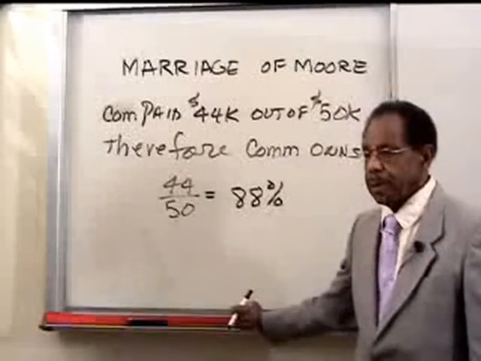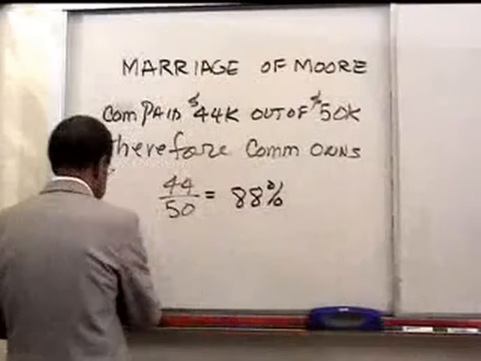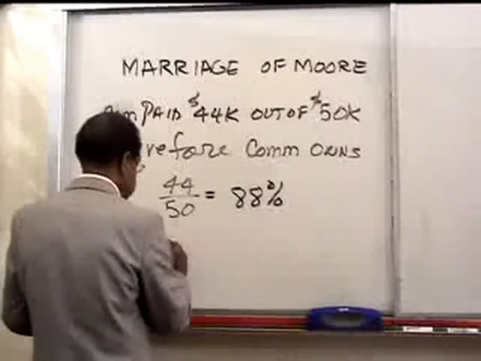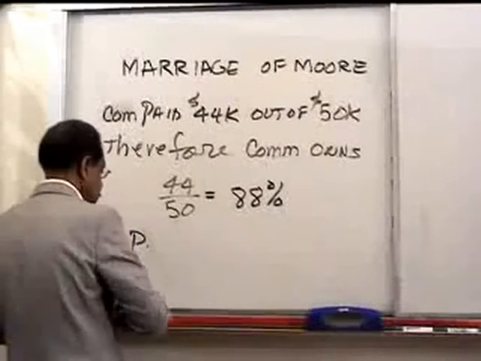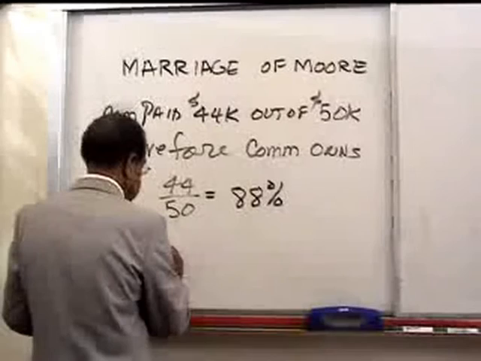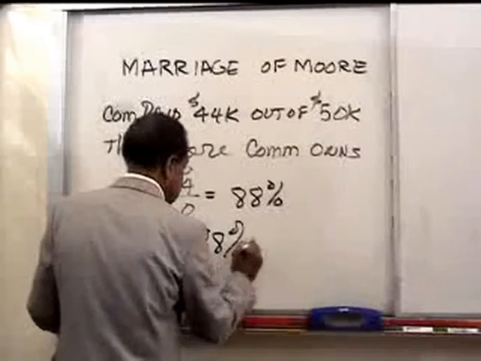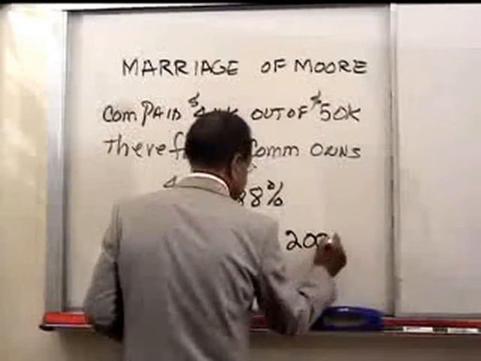And so the house is worth $200,000. So the CP portion is 88% of $200,000.